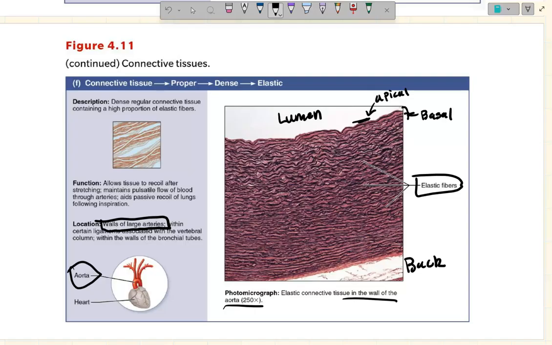And we'll actually end up looking at some epithelial tissue a little bit later on. But anything that faces the lumen is typically called apical. Also, the reason why I'm naming these terms, even though they're relative to epithelial tissue, is because anything facing a lumen always has a layer of epithelial tissue. But also the aorta here has this huge amount of elastic tissue because it's such a thick elastic vessel.